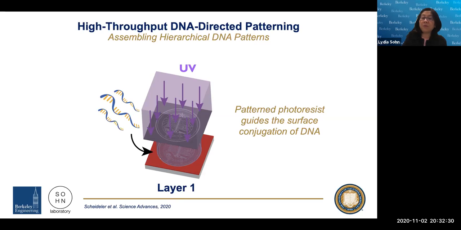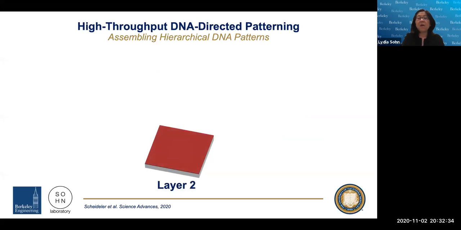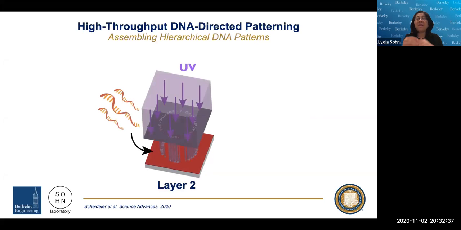You can strip the resist and then repattern again, put down your photoresist, and then expose another pattern onto your substrate. And this time, use a different set of oligos. They may be the same oligo sequence, but you're just patterning different areas, or you may be patterning an entirely different oligo sequence.